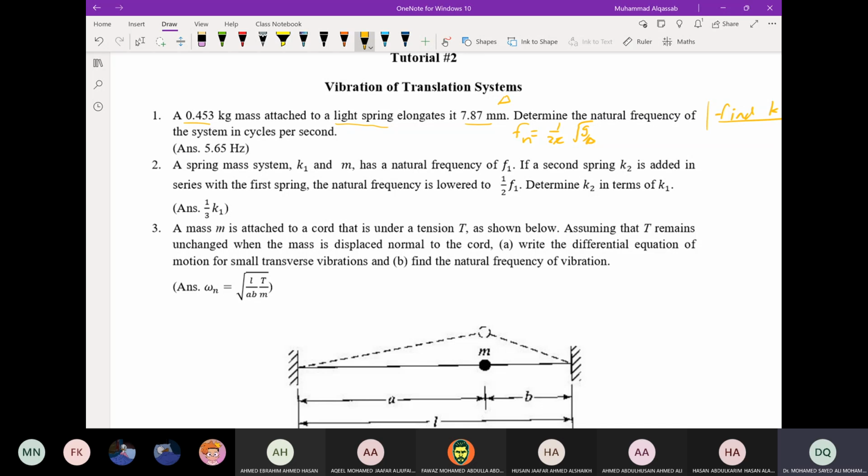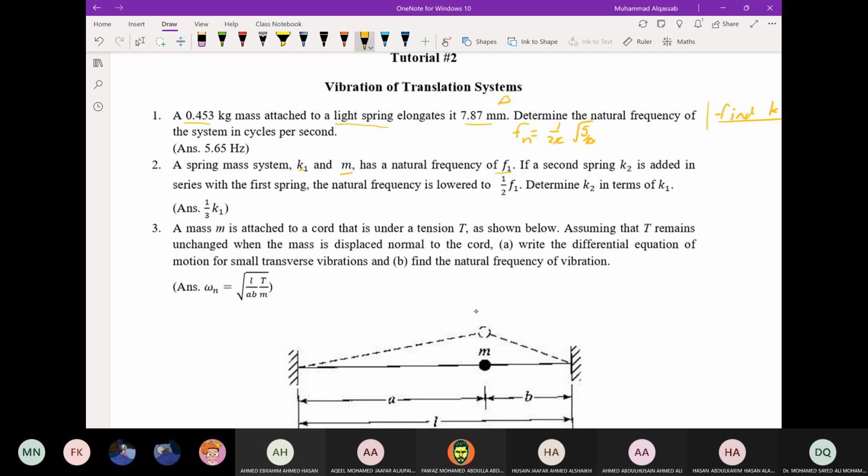Here we have two systems with known natural frequencies. F1 is just a number, but it is called F1 because K and M are given as parameters. F1 is the natural frequency of the spring mass system.